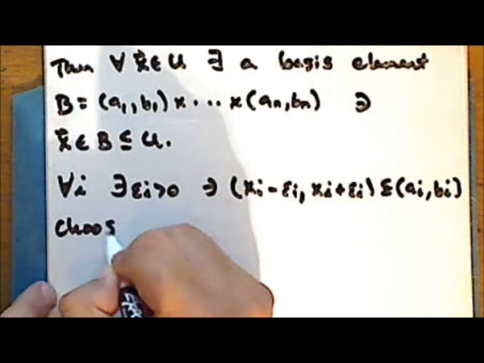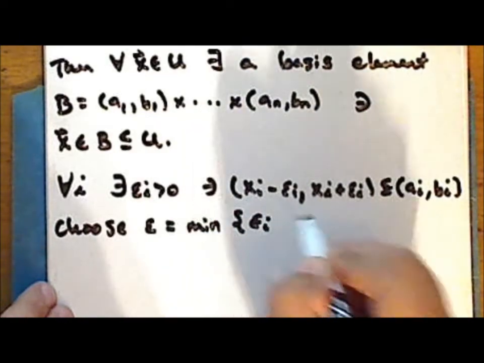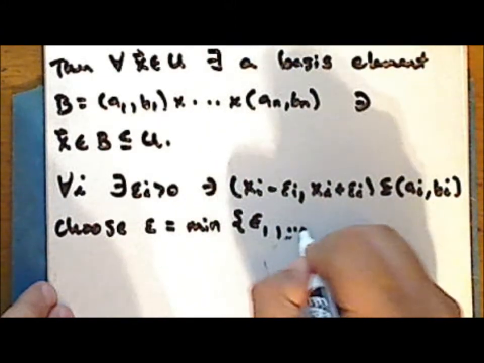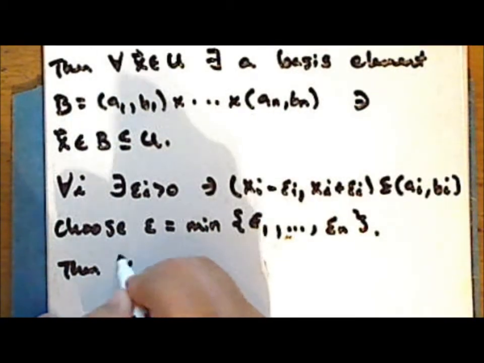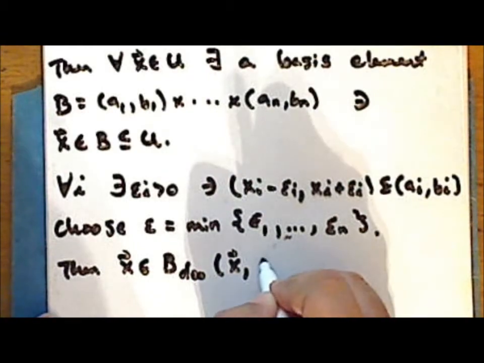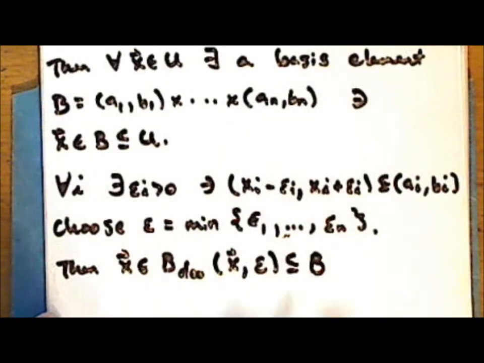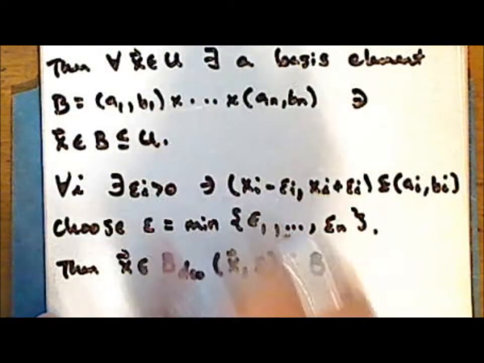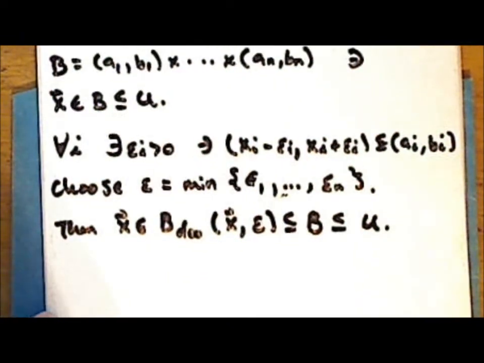So if we choose epsilon to be the smallest of these individual epsilons from epsilon sub 1 to epsilon sub n, then the point x is in the open ball in the square metric centered at the point x with radius epsilon, and this open ball is a subset of the basis element in the product topology, since each interval is a subset of the respective interval in the basis element, and this is itself a subset of the set U, which is open in the product topology.